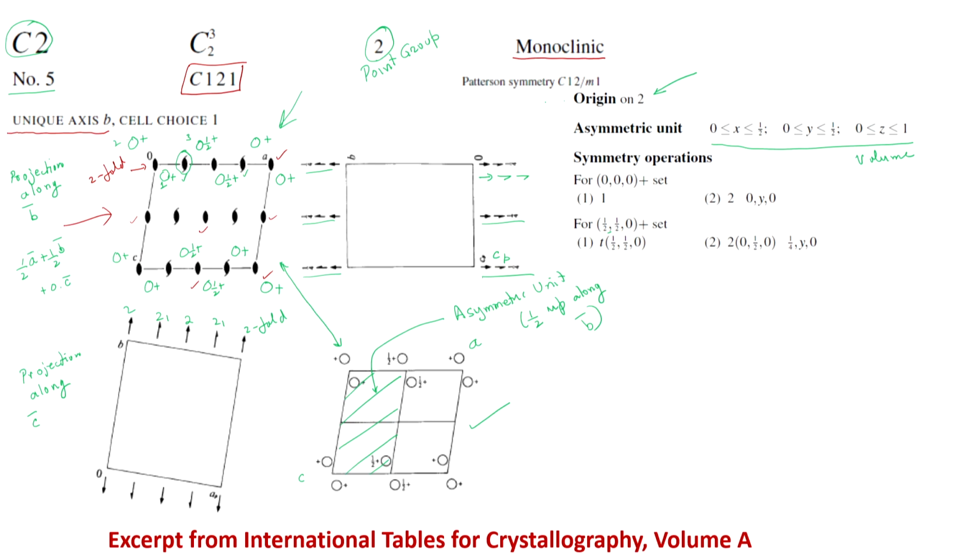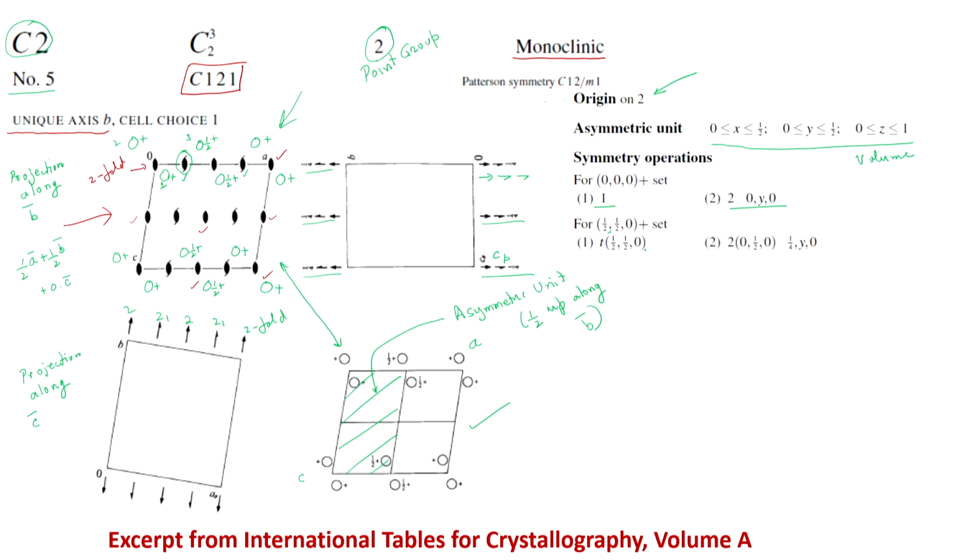Now, these are the symmetry operations. There is a one-fold, the identity operation, which will always be there. Then there is a two-fold, and its location is 0, y, 0. So, what is y? The y is a two-fold rotation axis. Any value of y means any point on the two-fold is what this is representing, or we can say the two-fold rotation symmetry starting at the origin.